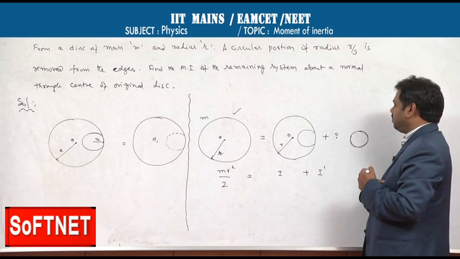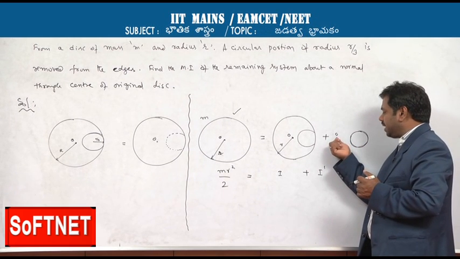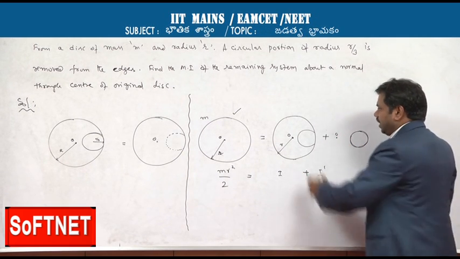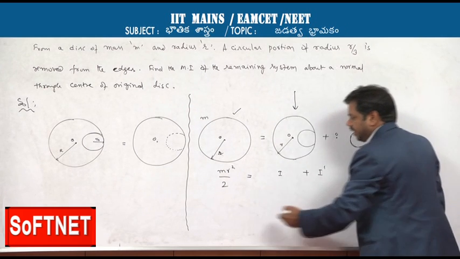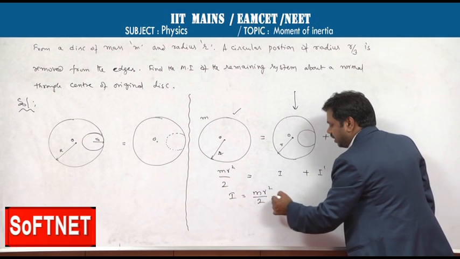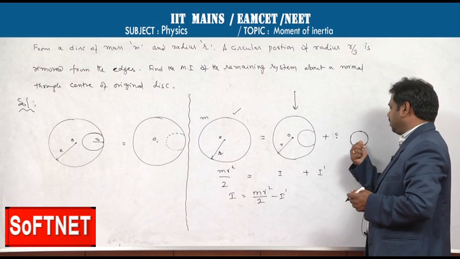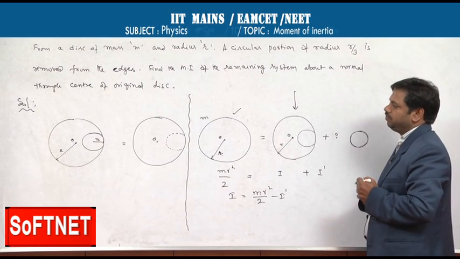That means if you find the moment of inertia of this removed part with respect to this axis, then easily we can find the moment of inertia of the remaining part by solving the equation mr square by 2 minus I dash.